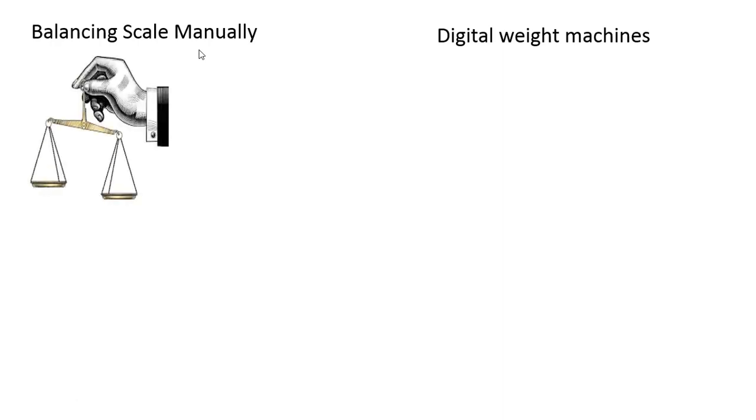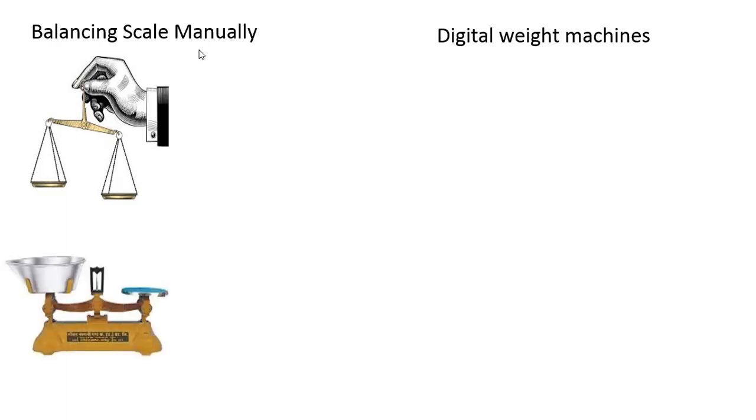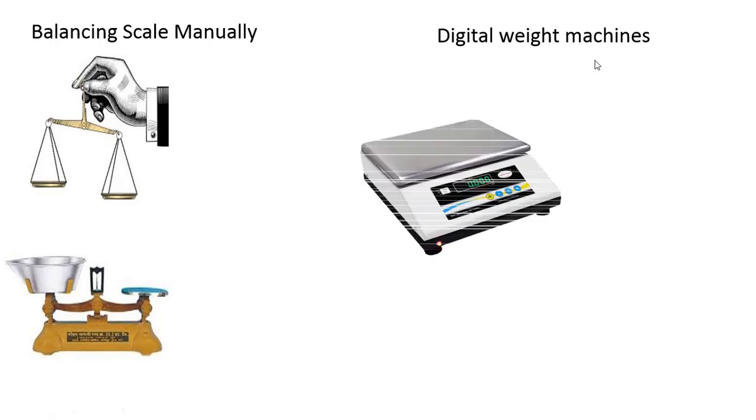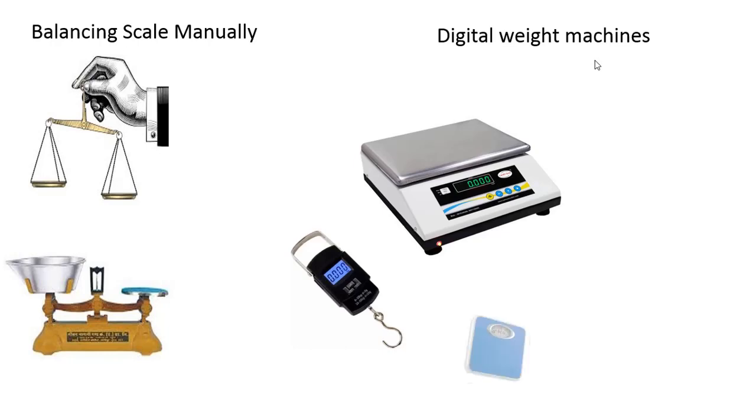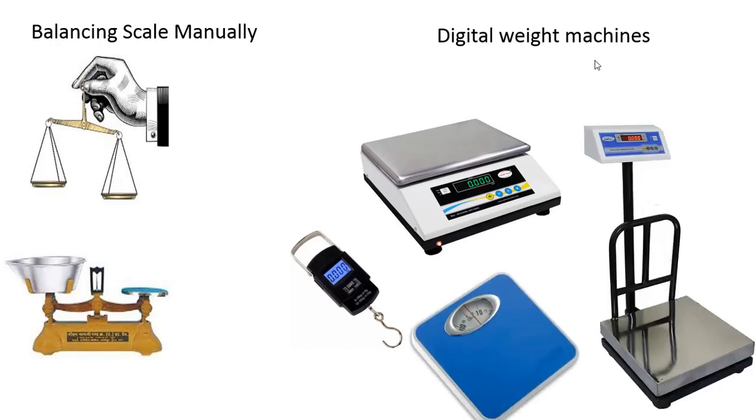So here, the balancing scale, used manually. We'll see the picture. So this is the balancing scale. And here we have some digital weight machines to measure weight.